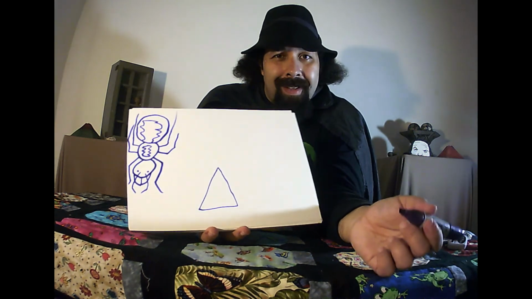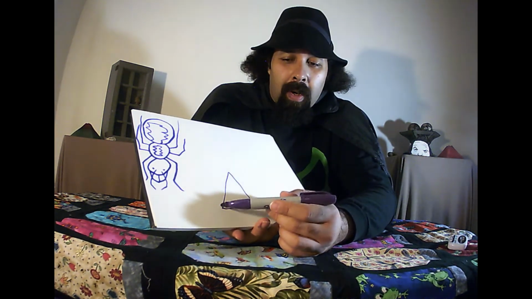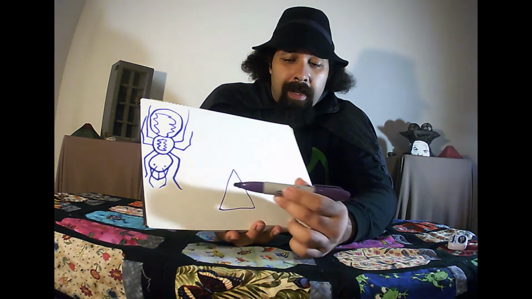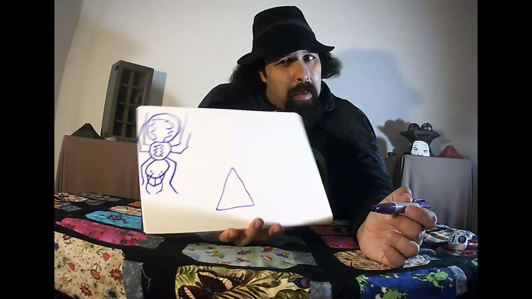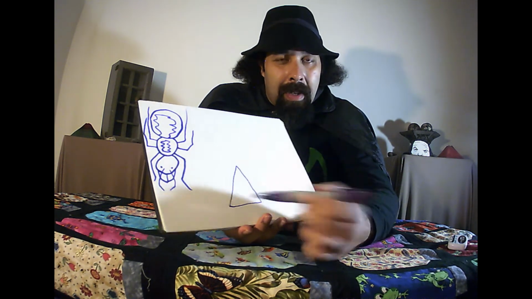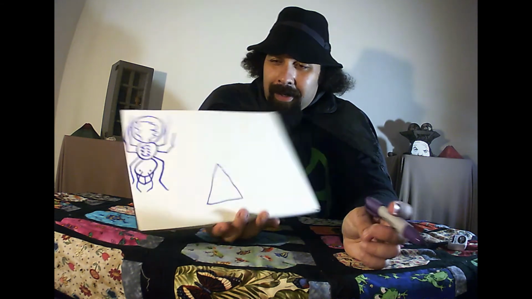What shape is that? Have you seen that shape before? Did you hear me counting? 1, 2, 3. What is that shape with the 3 points and the 3 sides? Is it a triangle? Triangle, huh?